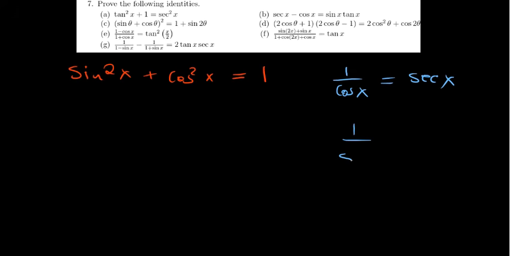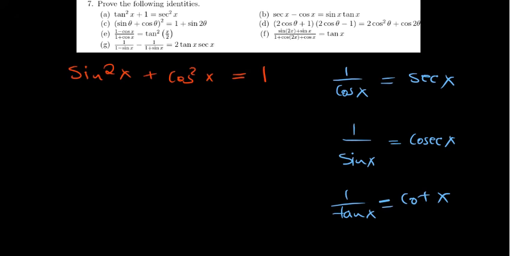But just a quick recap, just know that sine squared of x plus cosine squared of x is equal to 1. Now just from here we can come up with other identities, knowing the basic identities that I introduced earlier: 1 over cosine of x is secant of x, 1 over sine of x is cosecant of x, and 1 over tan of x is cotangent of x.